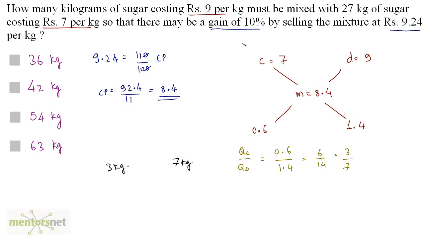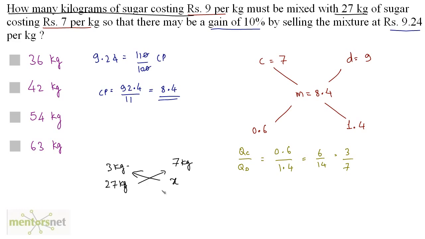Now we have been given the quantity of the cheaper sugar, right? That's 27 kg. So 27 kgs is the quantity of cheaper sugar. We have been asked what is the quantity of the sugar costing 9 per kg, and that 9 per kg is the costlier quantity, right? So 27 will be how many?